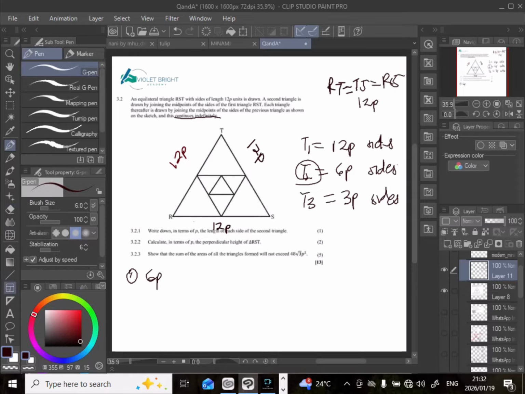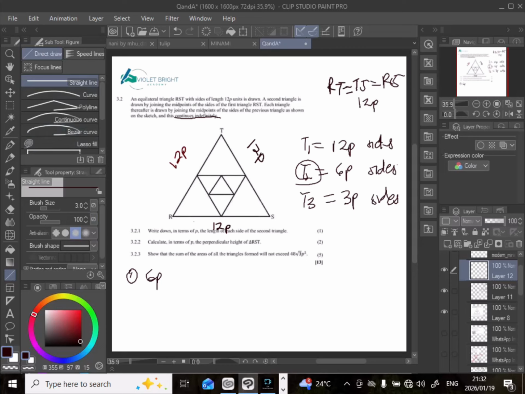When it comes to the perpendicular height, it's a line that cuts evenly in the middle of this triangle. So if it cuts evenly in the middle, these triangles are now going to be right angle triangles.